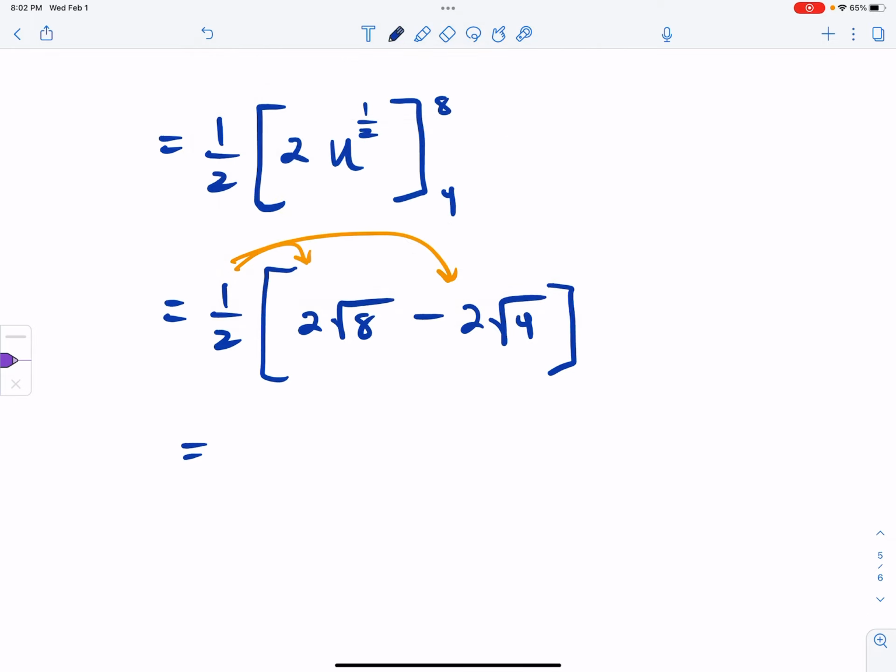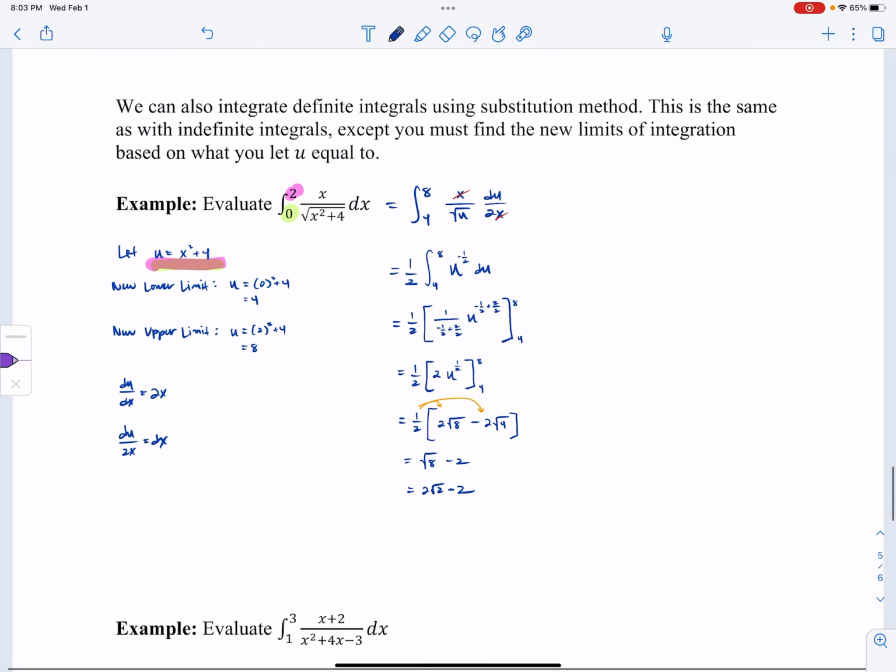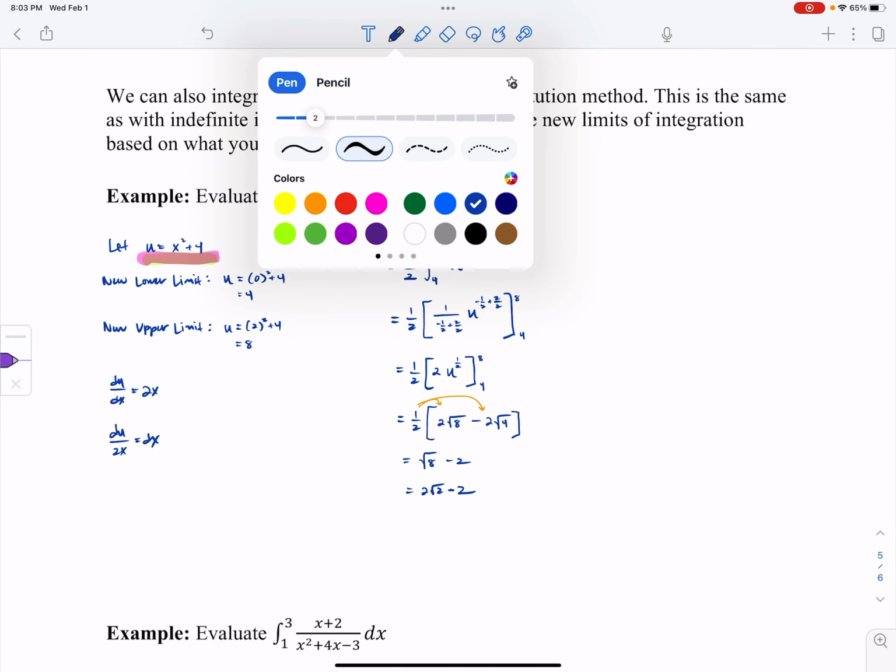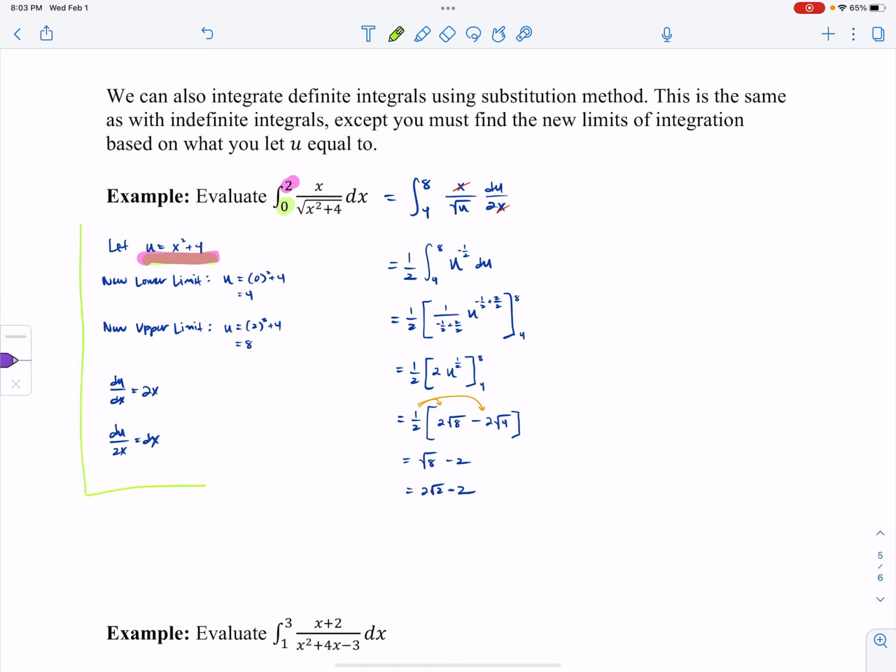So that leaves us with the square root of 8 minus 2, or 2 root 2 minus 2, if you simplify the square root of 8. You could always double check that using your calculator. So again, this is all side work.